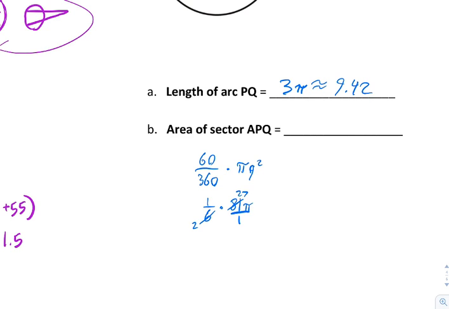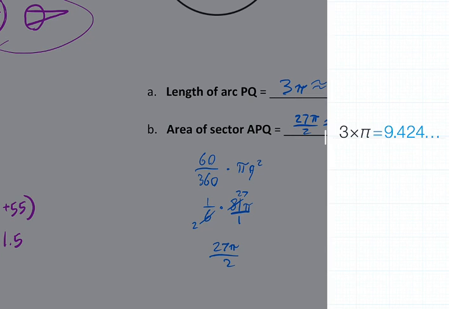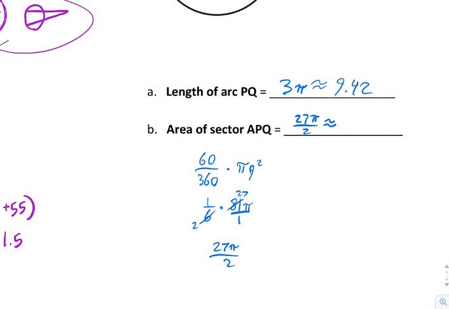So we get 27 pi on top and a 2 on the bottom. So an exact version would be 27 pi over 2, or that would be around 27 times pi over 2, which is 42.41.